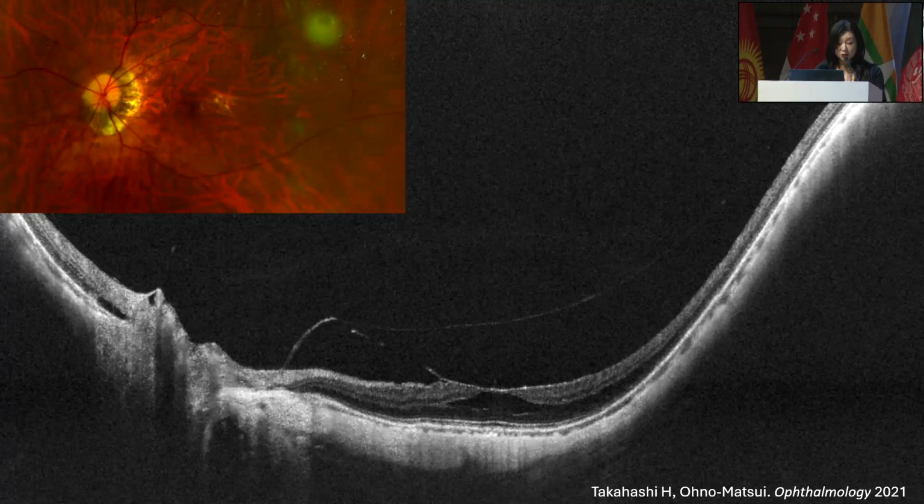In this patient with retinoschisis, a horizontal OCT image shows posterior vitreous detachment from the inner retinal surface within the staphylomatous area, along with vitreous adhesion to the fovea. So based on this image alone, one might conclude that the retinoschisis of this patient is caused by foveal traction.